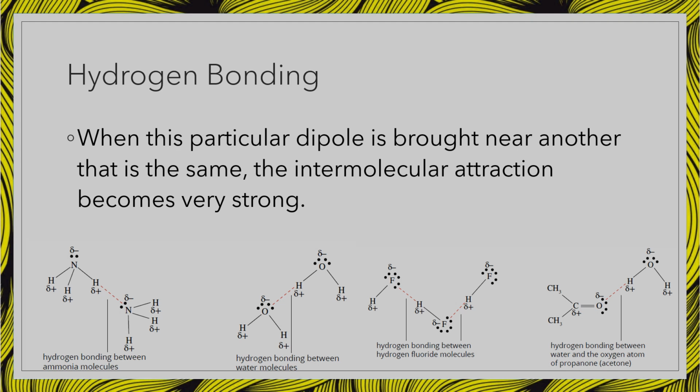Water is very similar. The highly electronegative oxygen takes all of the electrons, makes it that delta negative. It's attracted to the delta positive of the hydrogen on another water molecule and creates these really strong bonds. These hydrogen bonds in water are the reason that we're actually able to use water as a liquid.